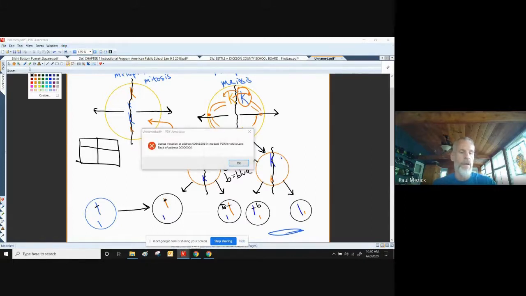All right, it's just going to have to deal with it. PDF annotator, unnamed PDF. All right, let's see what happens. Let me move something.